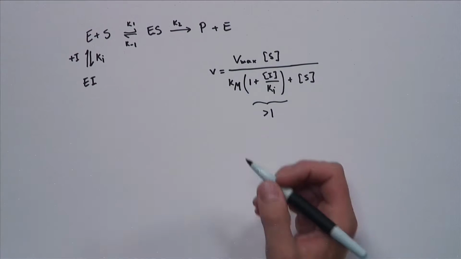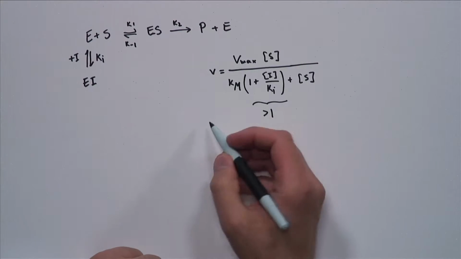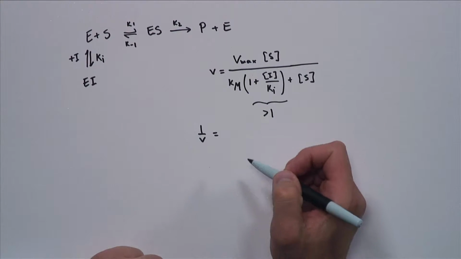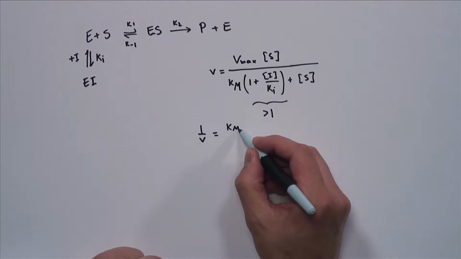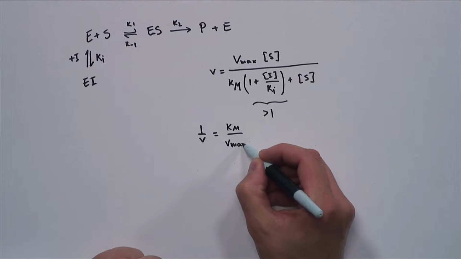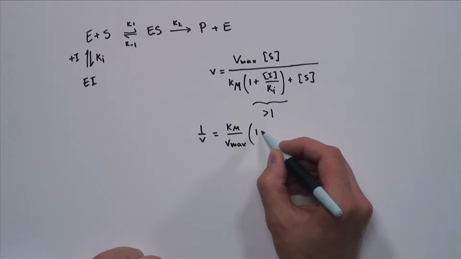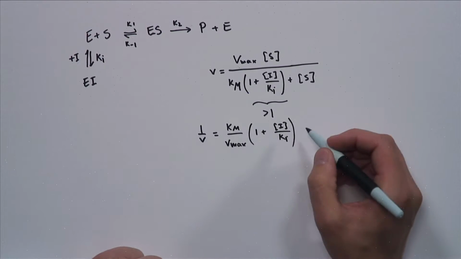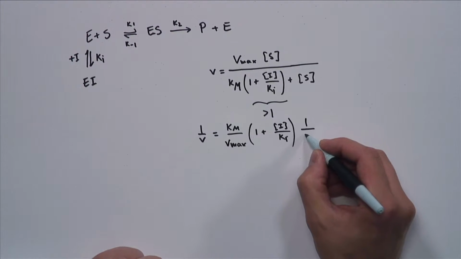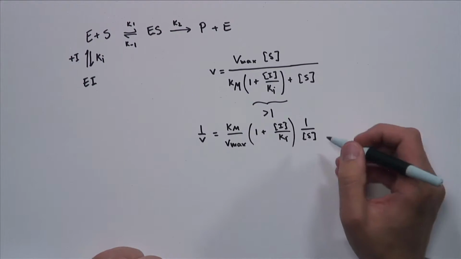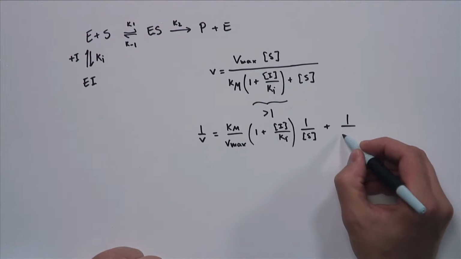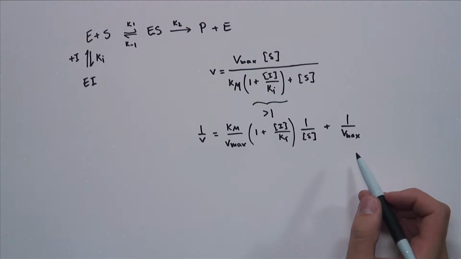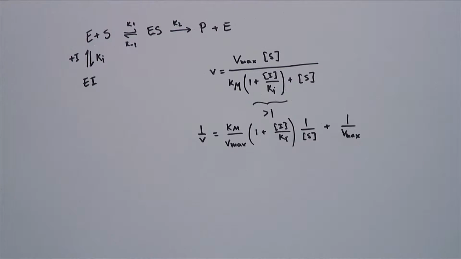Lineweaver-Burk plot. The reciprocal of the equation, if we crunch the numbers, is 1 over V equals Km over Vmax times 1 plus I over Ki, times 1 over S, plus 1 over Vmax. Let's plot this.